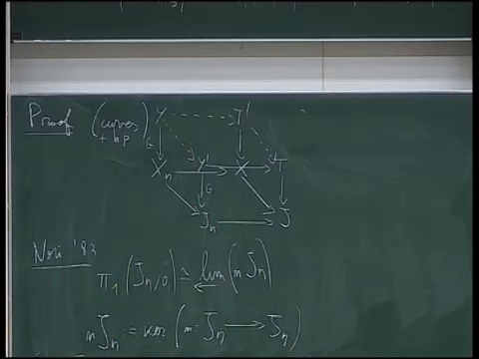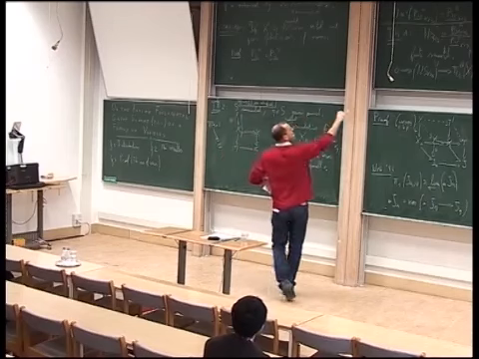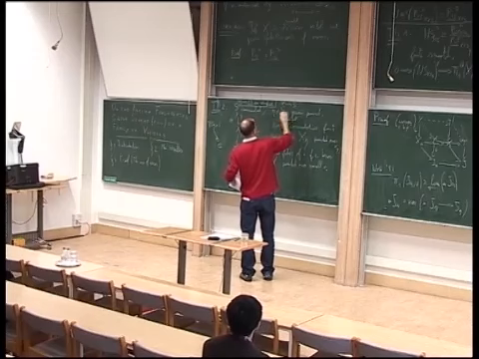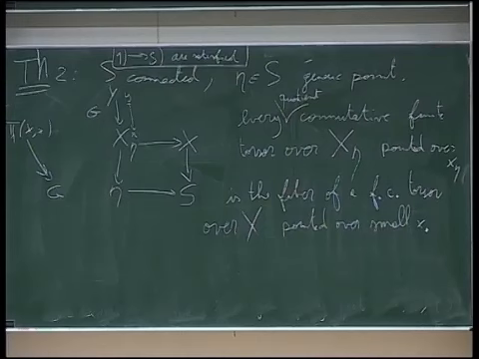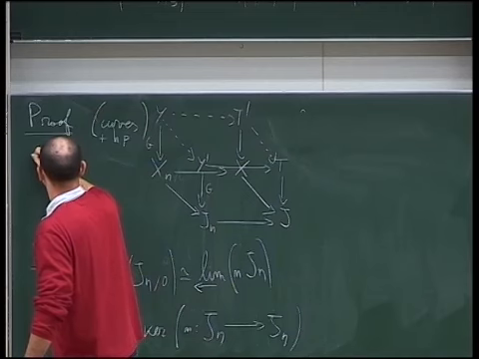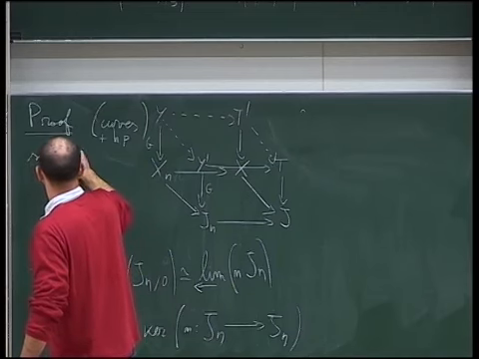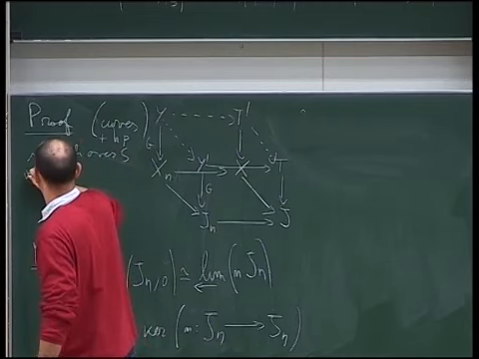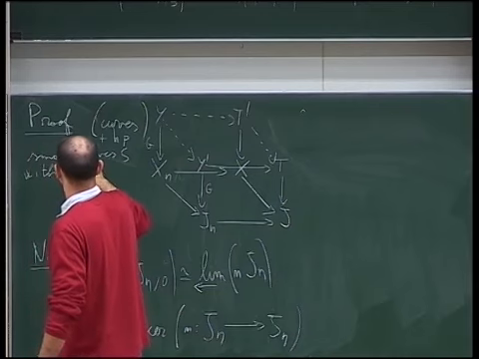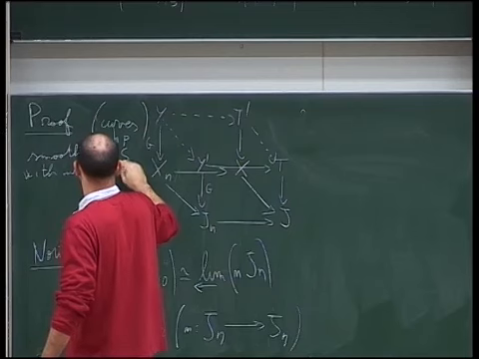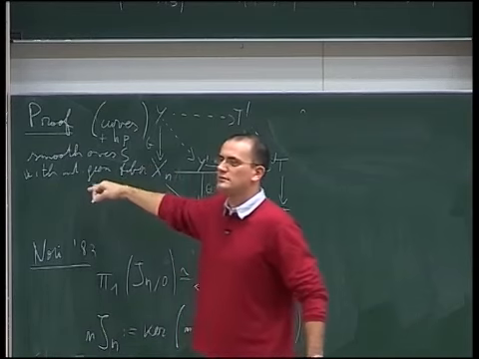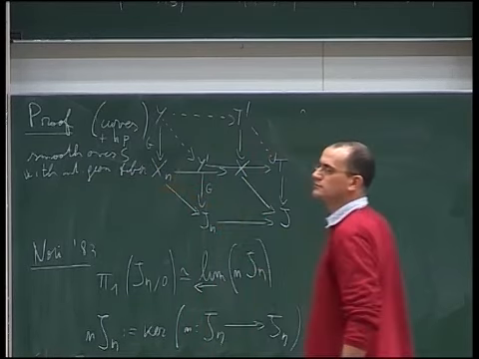I haven't repeated, but the assumptions are always the same, the hypothesis of the previous property. So it is smooth over S, with integral geometric fibers. So that's stronger than hypothesis 1 through 5. This implies hypothesis 1 to 5.